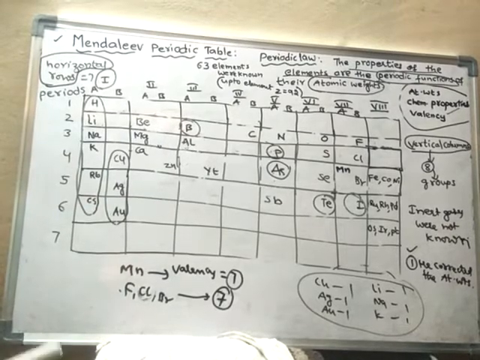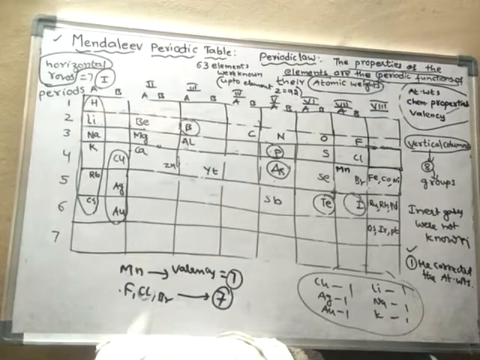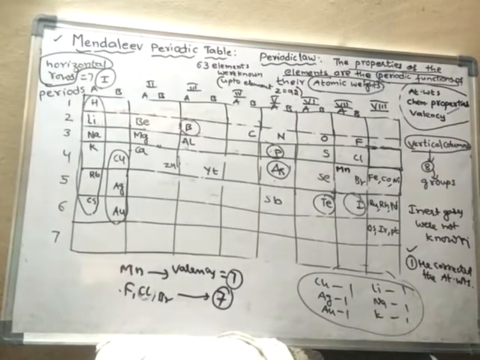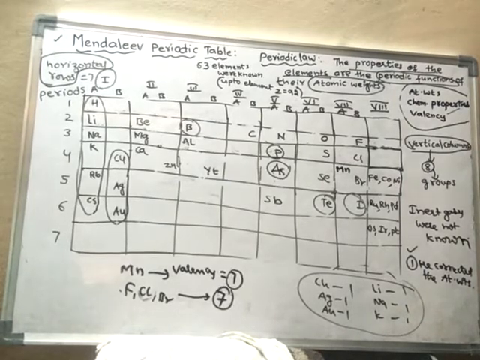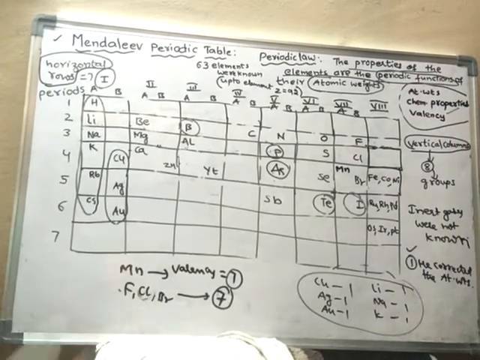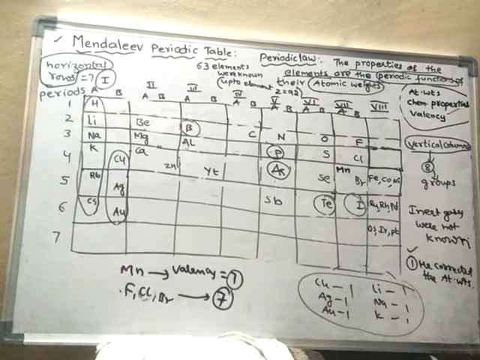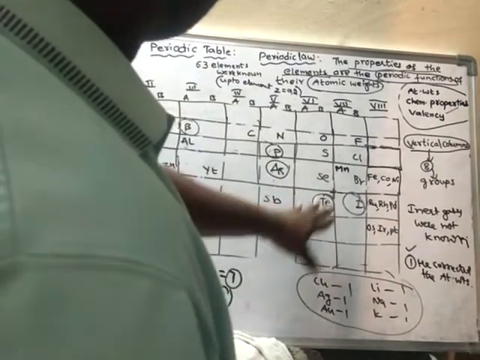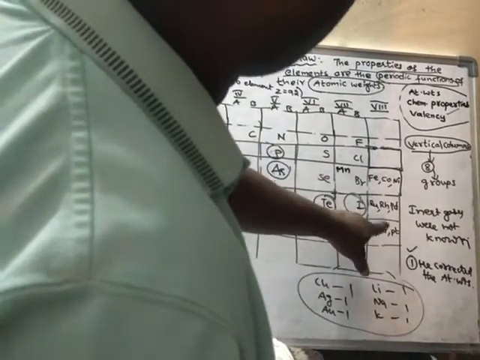And one more thing, he forgot to place the similar elements together. Here and there, the similar elements were separated because the transitional elements were separate. Other transitional elements were separated from these transitional elements.